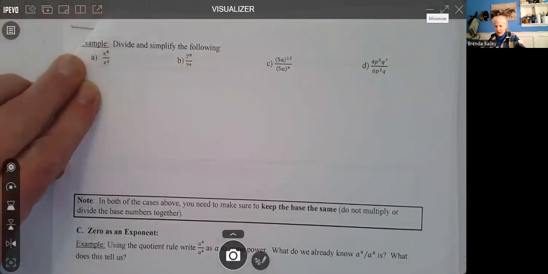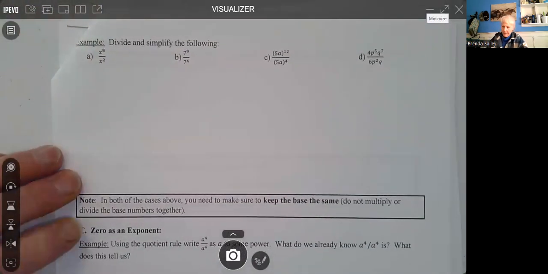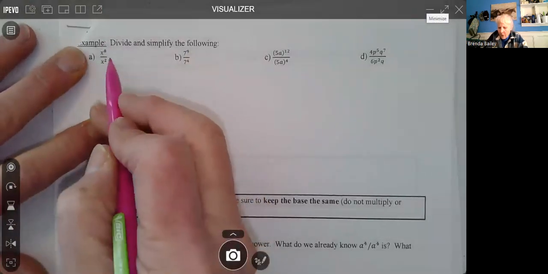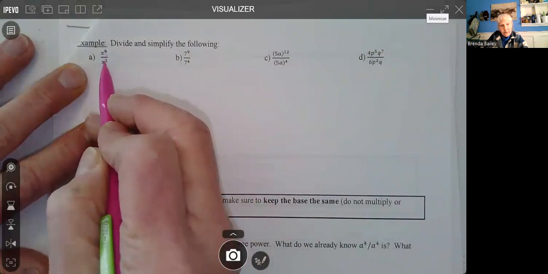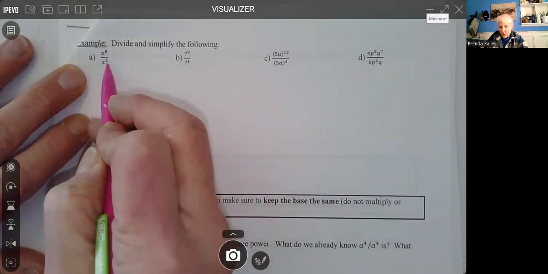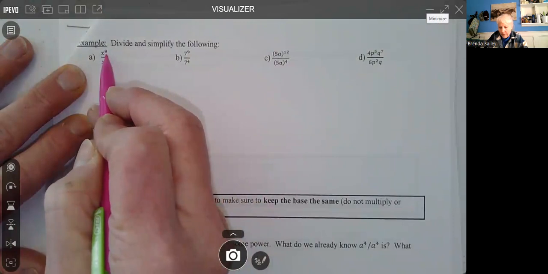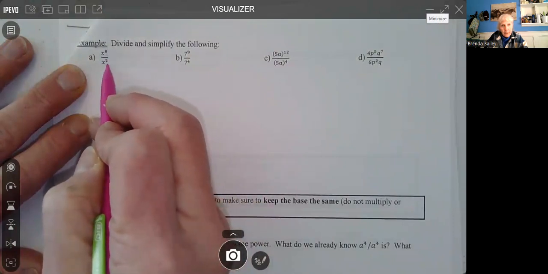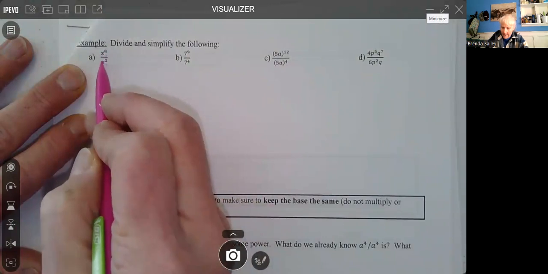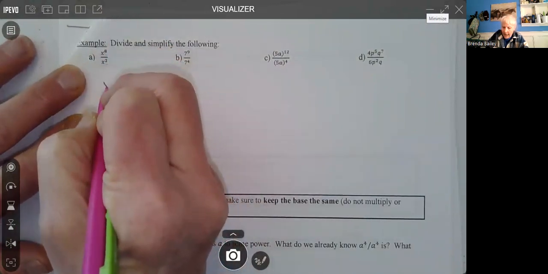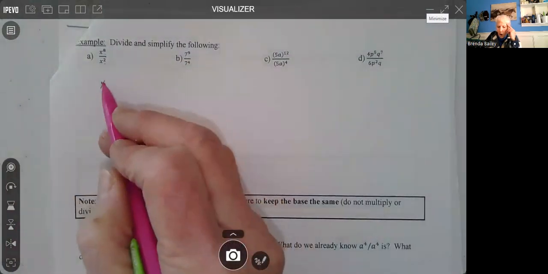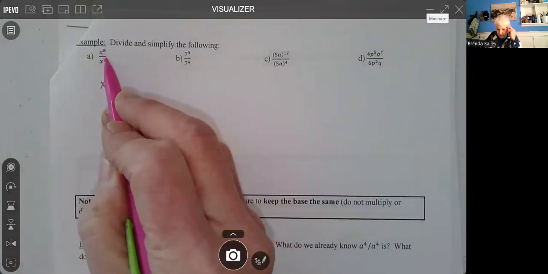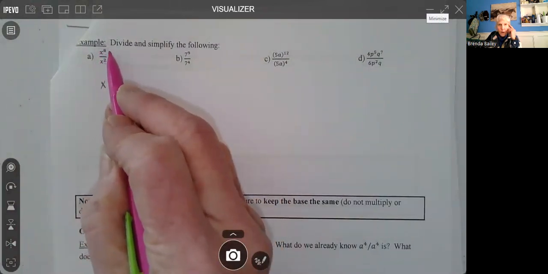Well, it looks pretty much like most of these are larger. Okay, so here we have 8 x's in the numerator, and we have 2 in the denominator. So x to the 8th in the numerator, x squared in the denominator. So these bases are the same, and we're going to put the x. Now the x, for most of the time, will go where the largest exponent is.